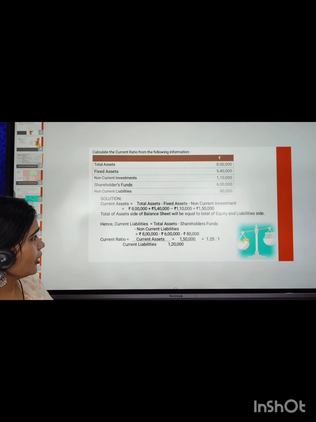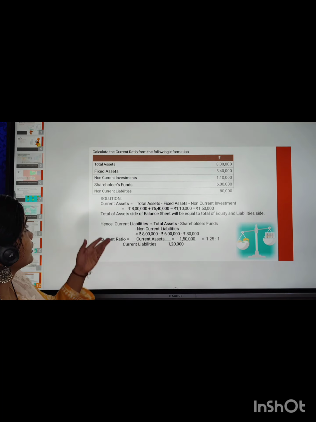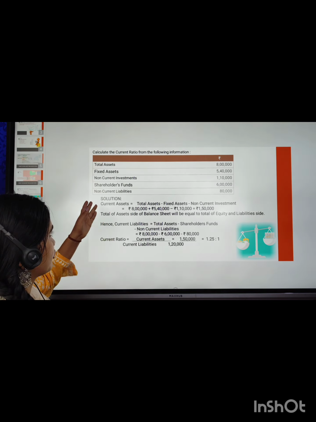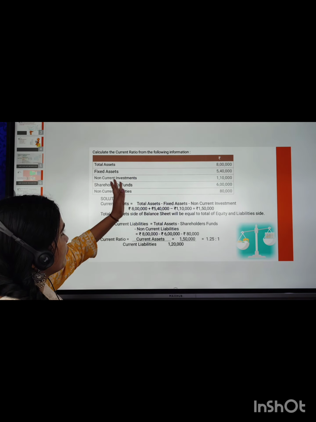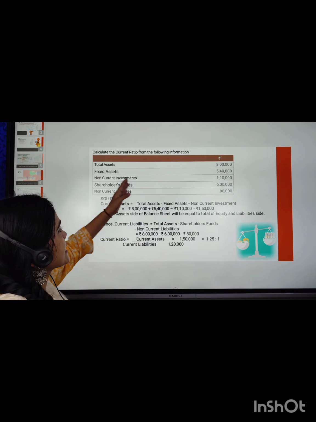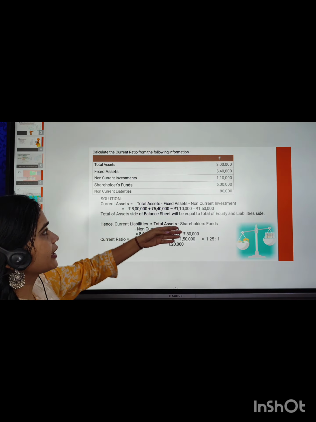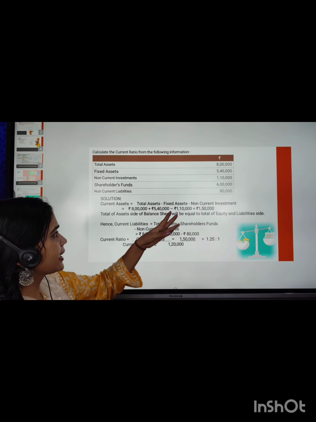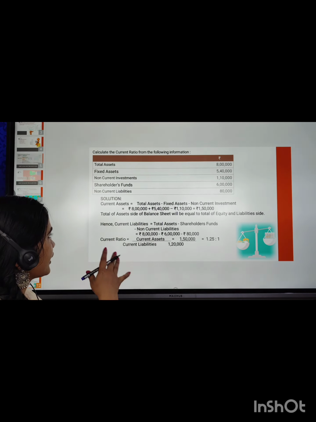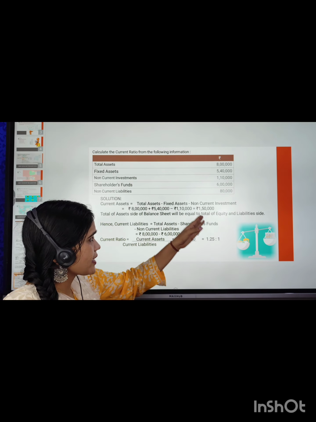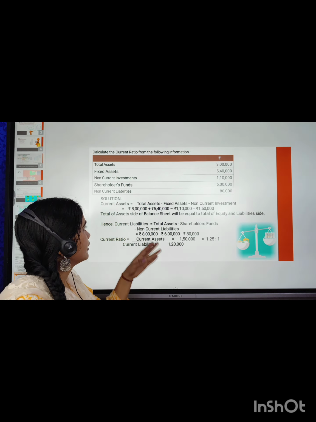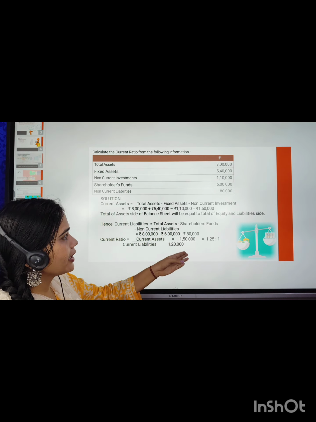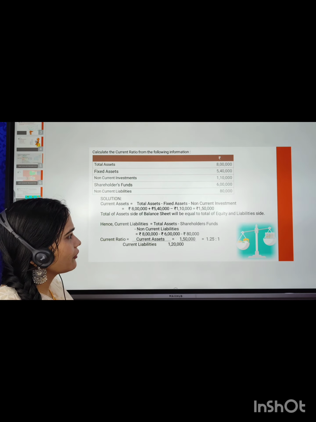Okay. Now here is one more question: calculate the current ratio from the following information. In the question we have given total asset 8 lakh, fixed asset 5,40,000, non-current investment 1,10,000, shareholder fund 6 lakh, non-current liabilities 80,000. Solution: current asset is total asset minus fixed asset minus non-current investment. So that is 8 lakh minus 5,40,000 minus 1,10,000, that will be 1,50,000.